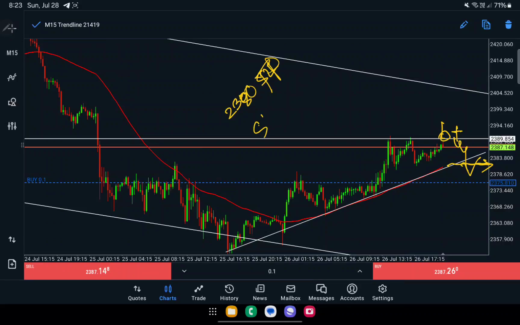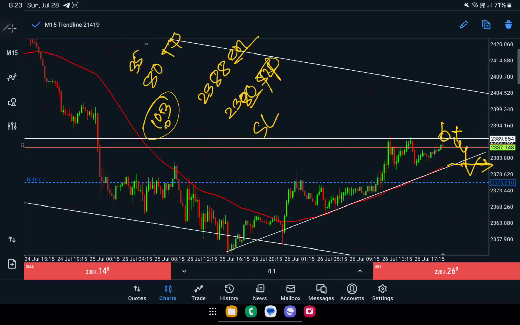So if we take entry around 2388, this is our entry, and our TP is 80 pips. Due to the 1:3 risk reward ratio, our SL should be around 35 pips or 30 pips. So we will set our SL above the entry by around 35 pips or 30 pips.